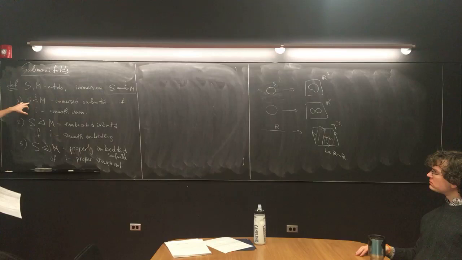A local section of pi is a map sigma from some neighborhood U inside of N into M, such that pi composed with sigma is identity on U.